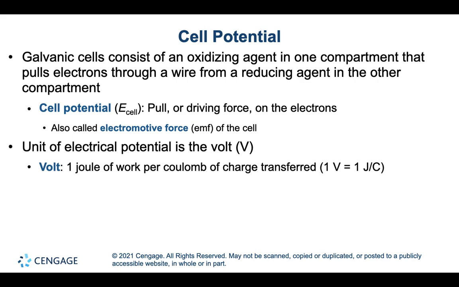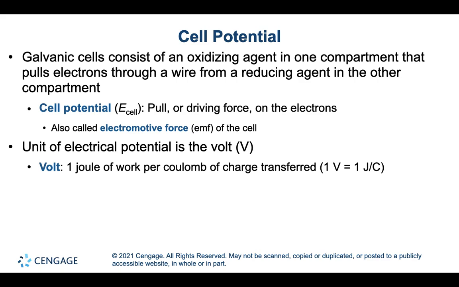So it's sort of like potential energy. Very often electricity is described as similar to water flowing downhill. Electrons flow downhill, not gravity downhill, but in the direction where they go from higher potential energy to lower.